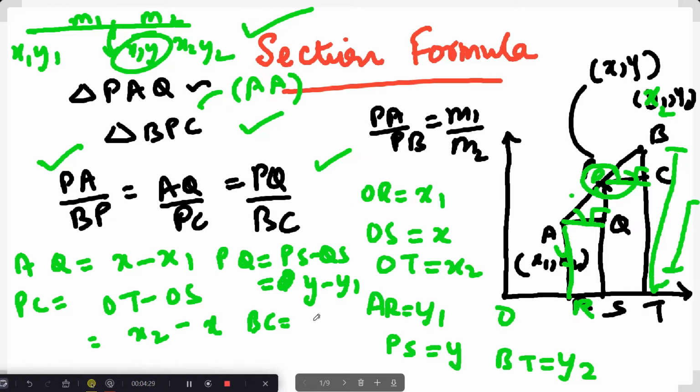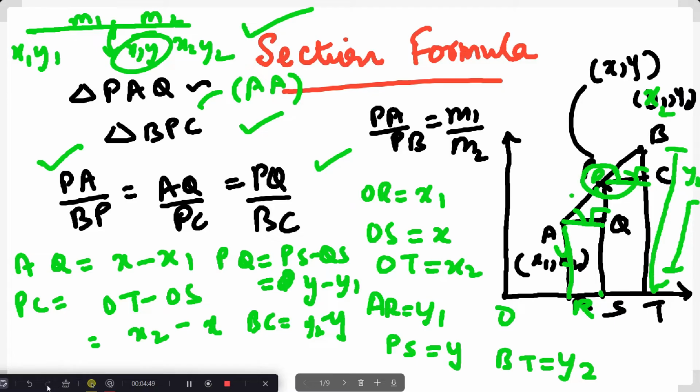BT is Y2 and CT is PS, which is Y. So BC is Y2 minus Y. So you have found out all this, right?